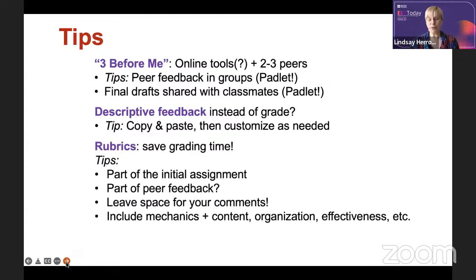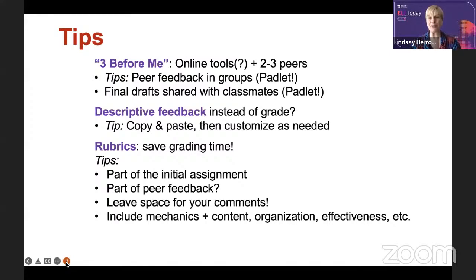But this is where rubrics could help as well. I find rubrics are great for saving grading time. I do make them part of the initial assignment so that students can see what they're working toward. I make it part of peer feedback, where students can actually go through and tick off what is working well and what maybe could use some improvement.